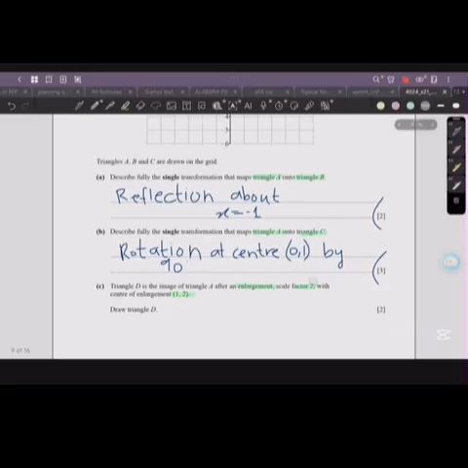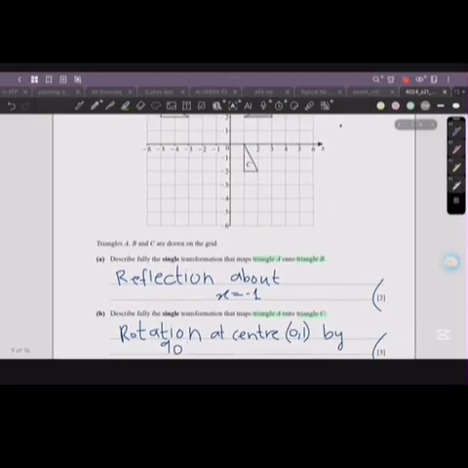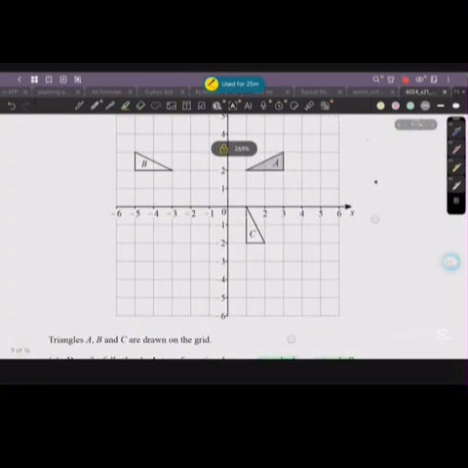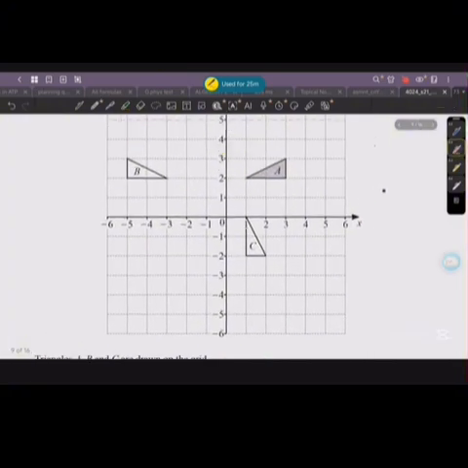So the scale factor 2 means it will be on the same side where the triangle A is, not the opposite side. So the point of center of enlargement is 1 and 2. We will see where is 1 and 2 on the grid. So this is 1 and this is 2. So this will be our center of enlargement, right?